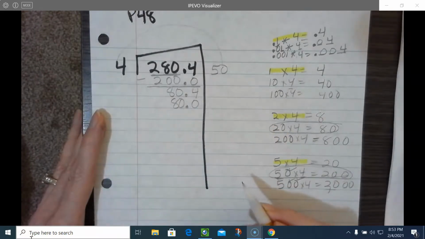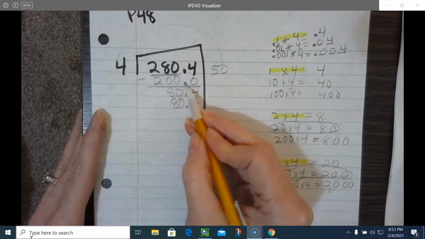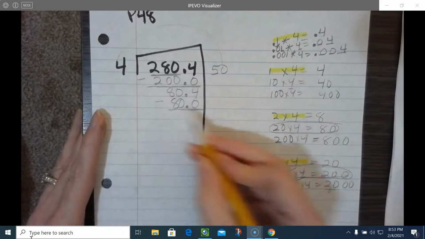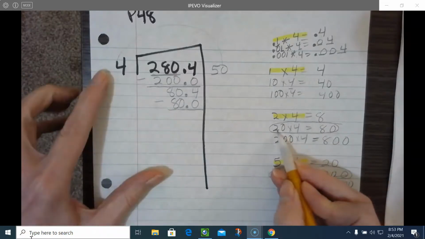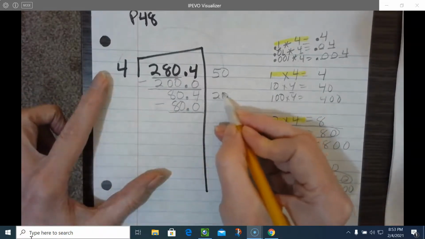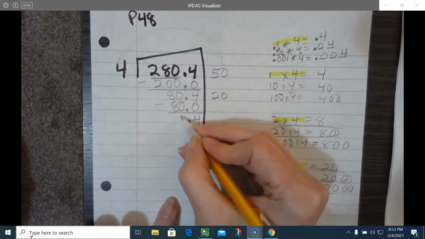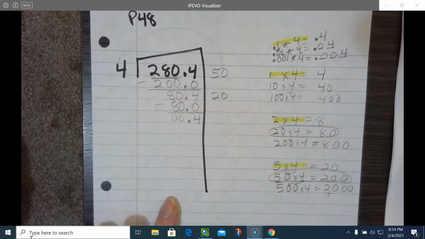So that is a little bit of a change from last week where you have to put that decimal point and then a 0 behind when you're subtracting. And then 20 would go out here, and then I subtract. I have a 4, my decimal point, and then these are just zeros.